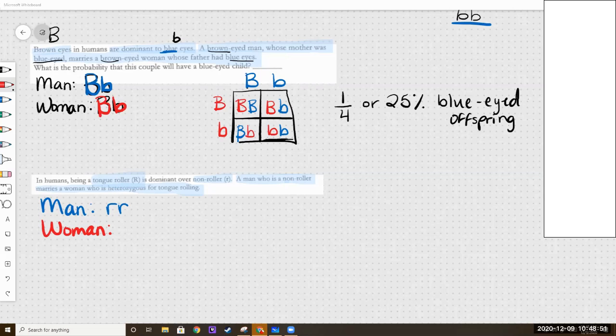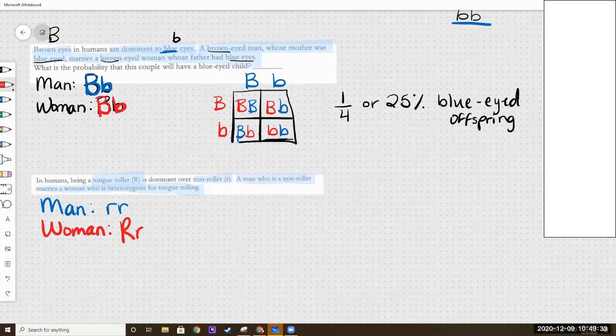All right, let's do Yulia. What would the woman's genotype be? Yes, Melissa, you are correct. Think again. You are correct, Yulia. It would be capital R, little r, okay?